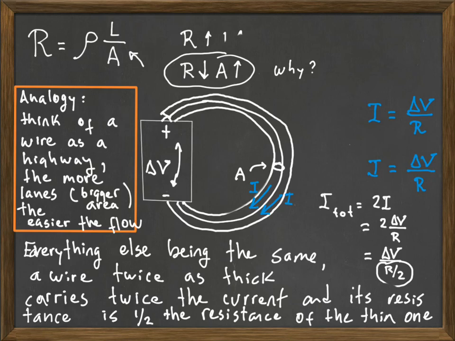The thickness of the wire is related to the number of lanes in the highway. A thicker wire has more paths, more lanes for the electrons to take to go from one side to the other. Therefore, a thicker wire has less resistance. It is easier for the current to flow through a thicker wire.